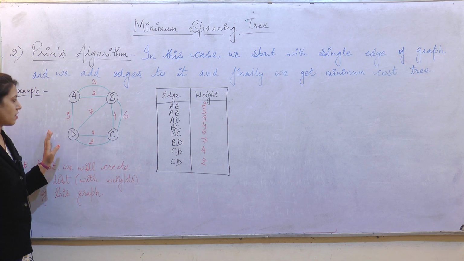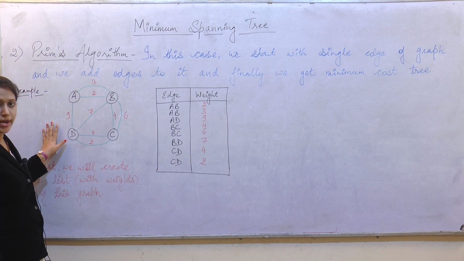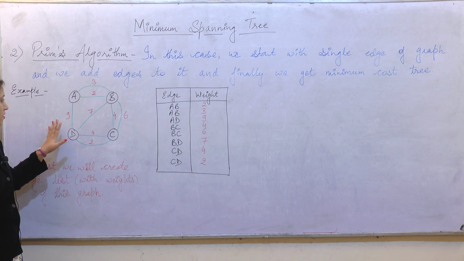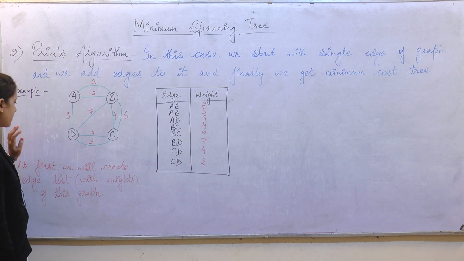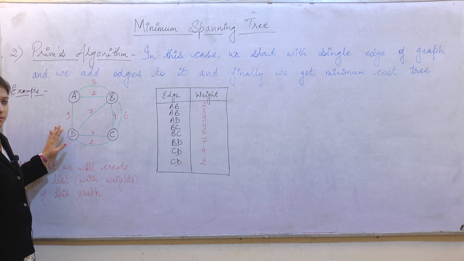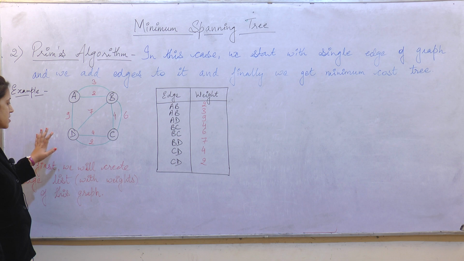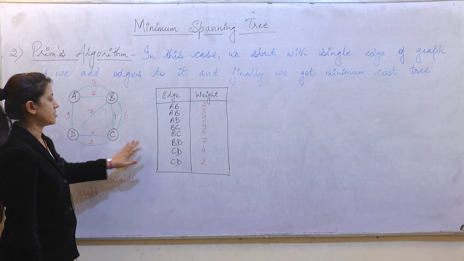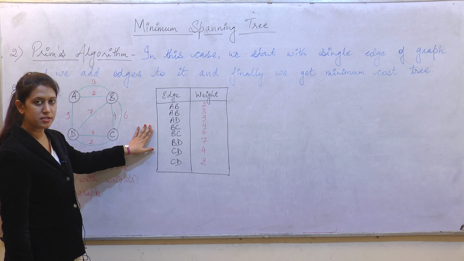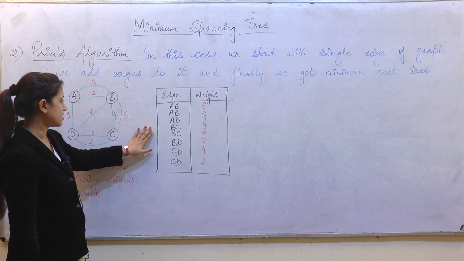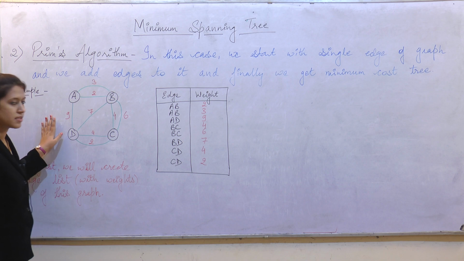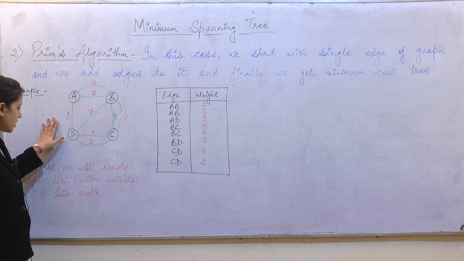So let's start solving this to get a minimum spanning tree of this original spanning tree. For creating a minimum spanning tree, our first step will be to create an edge list. This is our edge list, and it has been created from this main spanning tree.